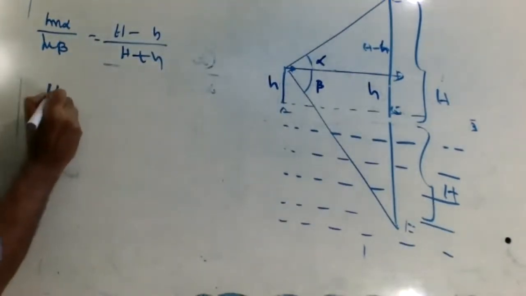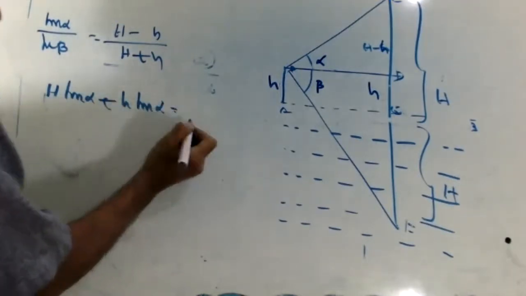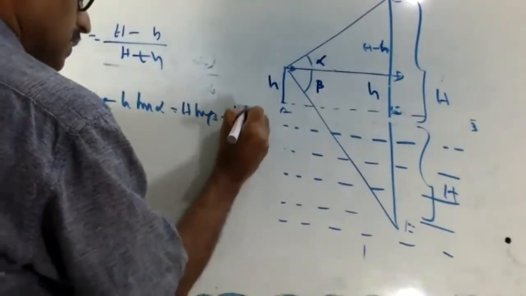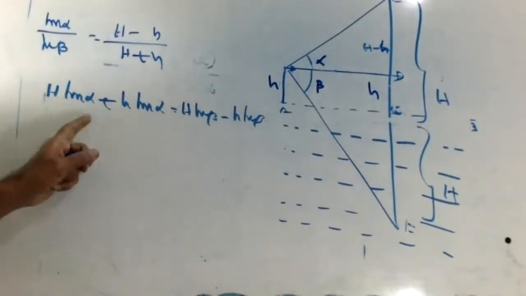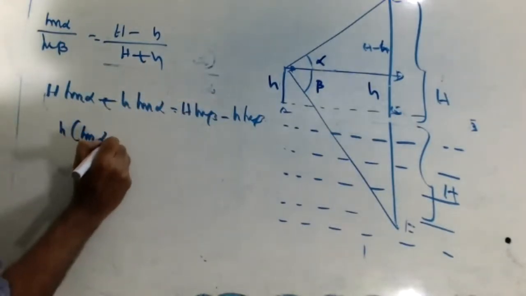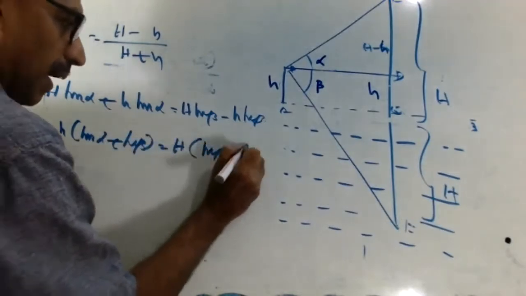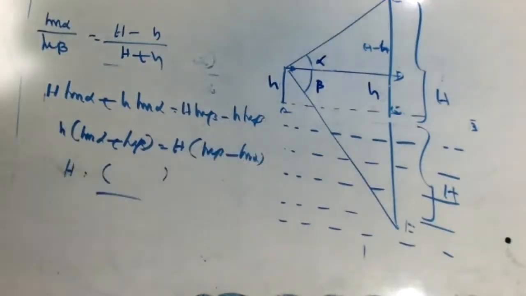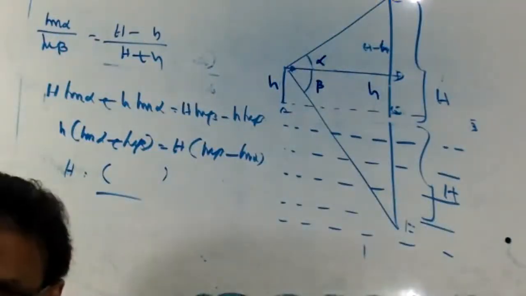H tan alpha plus h tan alpha equals H tan beta minus h tan beta. This one comes here. h into tan alpha plus tan beta equals H outside, tan beta minus tan alpha. Therefore, capital H equals this divided by this one. Now clear? Roshan, okay now?